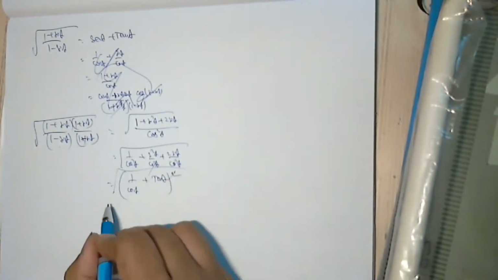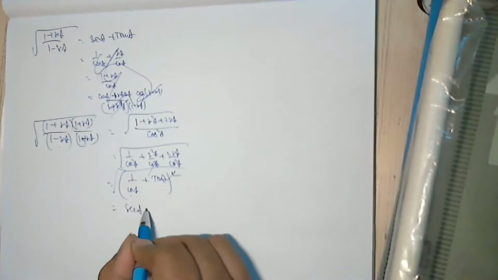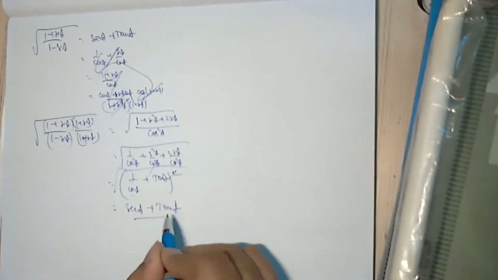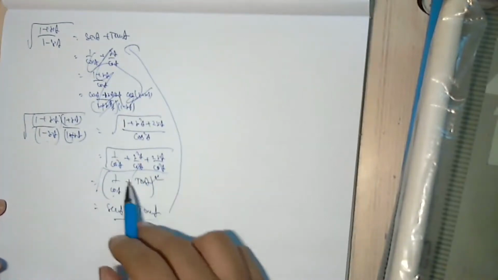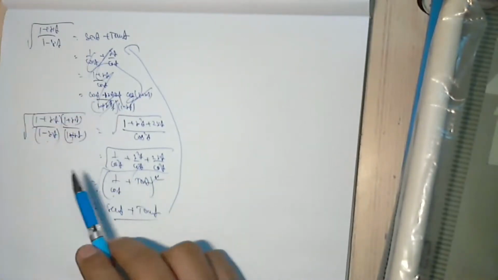So root and square get cancelled. 1 by cos A is secant A plus tan A, which is my required answer. Okay, I just repeated the method.